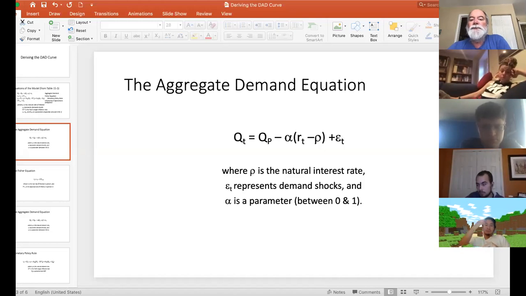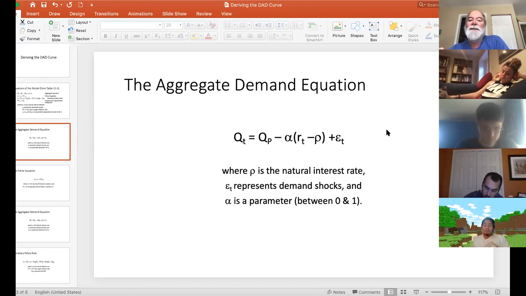We know that interest rates vary depending on the state of the economy, right? We've already talked about how interest rates rise as the economy is booming, and they fall when the economy is slowing down. Everybody remember that? Okay, so rho is the real interest rate that would occur if the economy were at full employment and potential real GDP.